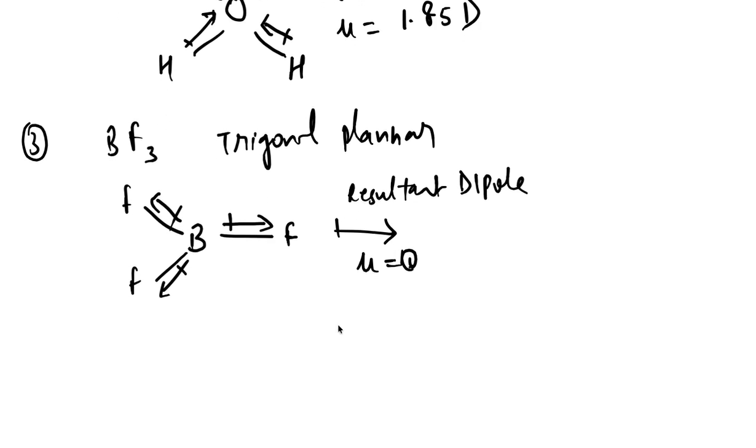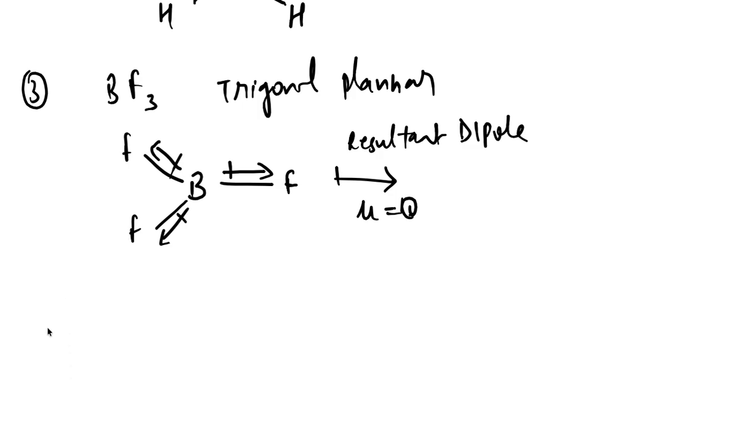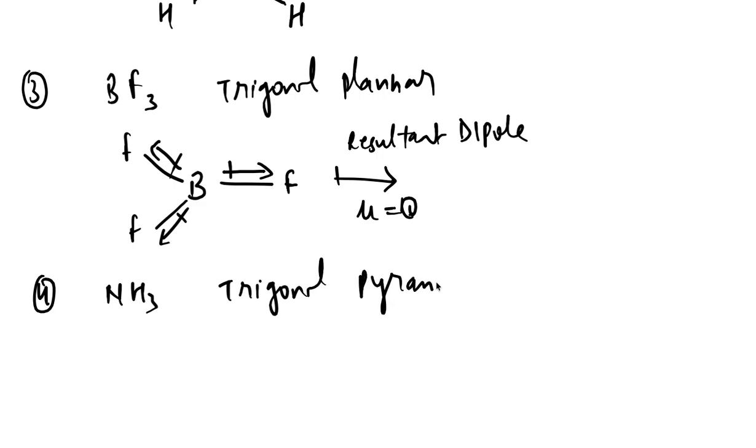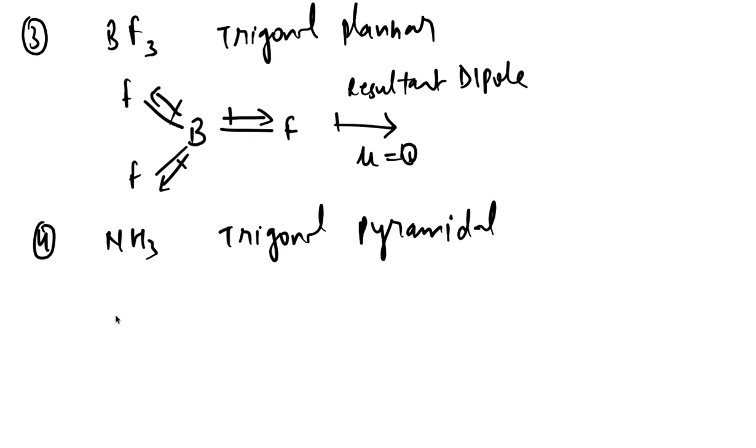Another example we can take is maybe ammonia, NH3. NH3 has a shape of trigonal pyramidal. Why? Because nitrogen also has a lone pair. So it looks something like this: a lone pair, hydrogen, hydrogen and hydrogen.